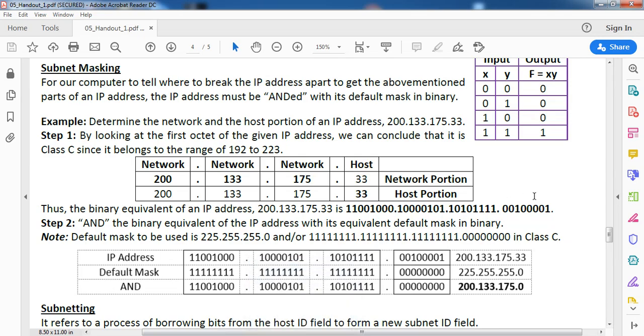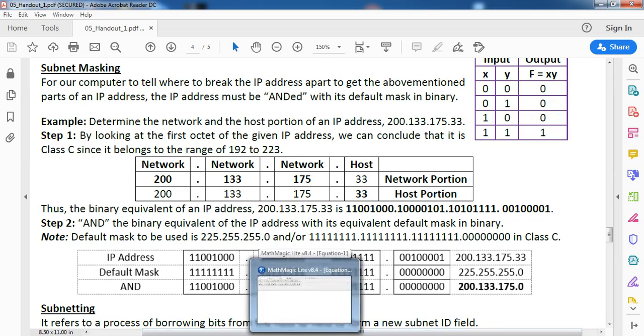I've already taught you several ways to do this, but the primary two ways would be continuous subtraction or continuous division. So let's use continuous subtraction first. So we have 200.